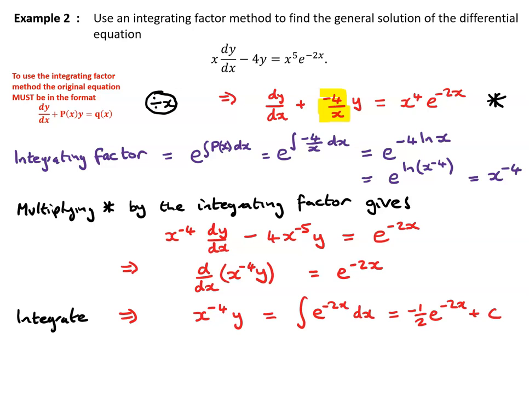Do remember the constant at this stage. And if we multiply through by x to the 4, we are going to obtain y equals minus a half x to the power 4 e to the minus 2x plus c times x to the 4. And that's the general solution of our original equation.